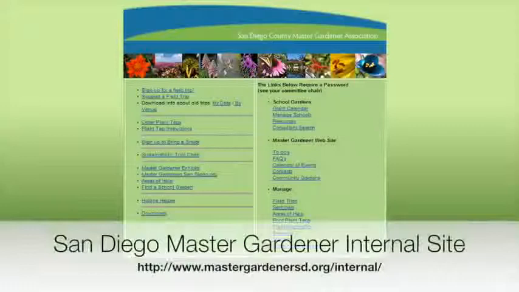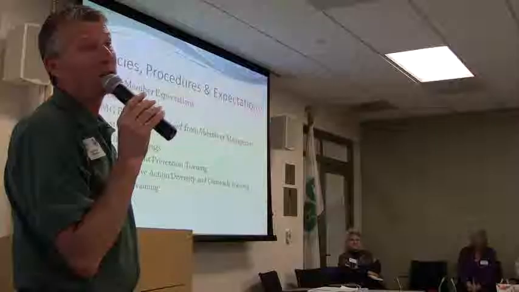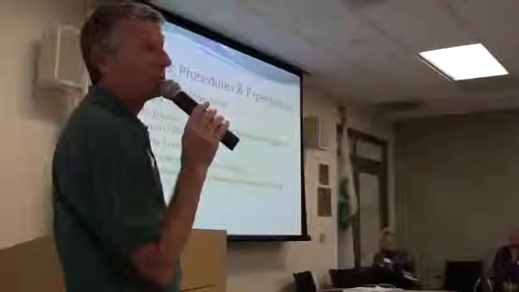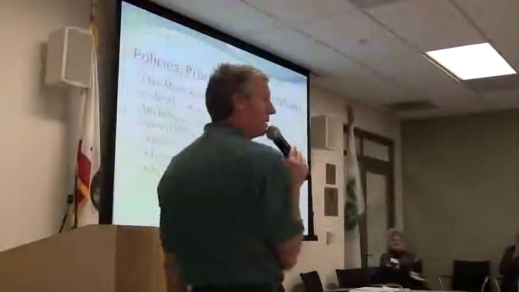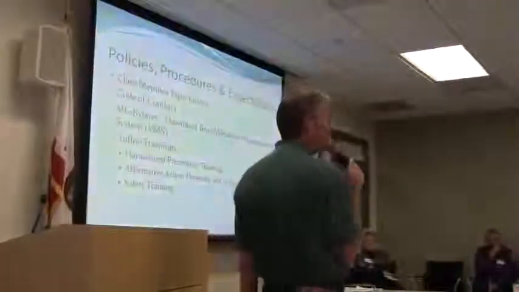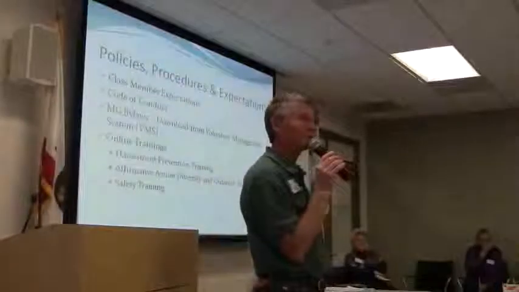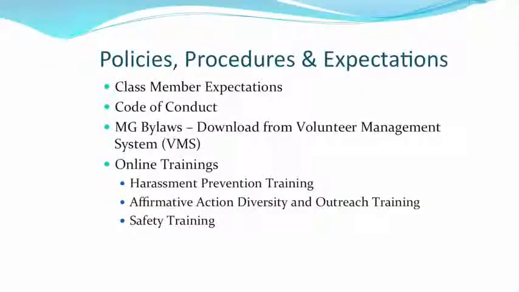Okay, the last thing I want to do is just real briefly go through policies, procedures, and expectations. As a class member, you're expected to be at each one of our classes. When you finish your program, you will be giving us 50 hours of volunteer service for the training that you're going to be receiving. Some of that volunteer service can take place before you actually become a certified Master Gardener and graduate.